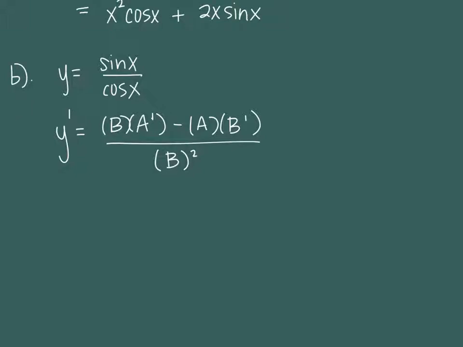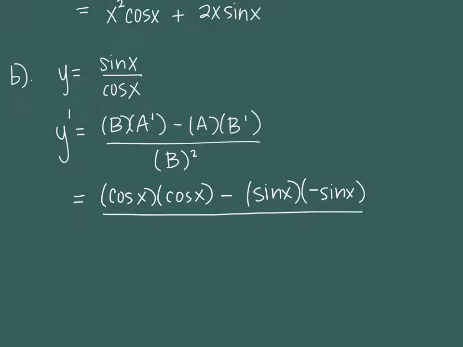So we'll do that for this. We'll start with b. B is cosine. A prime is also cosine. Minus a is sine. And tell me again what b prime is? Negative sine of x. And that whole thing would be over the b squared.